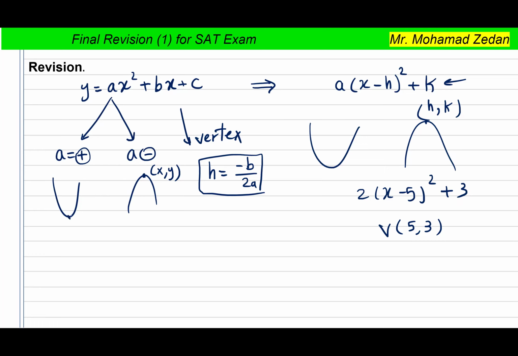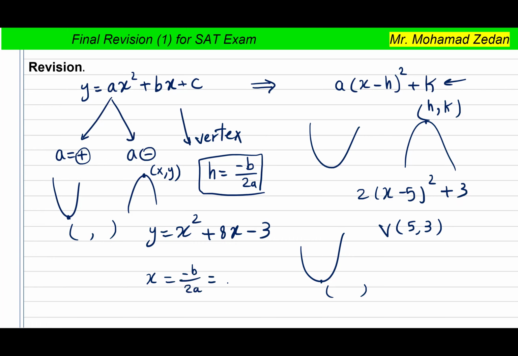In the SAT exam, we are concerned with calculating the maximum or minimum value or the coordinates of the vertex, because it represents the biggest or the minimum value of the function. For example, when you have the function y equals x squared plus 8x minus 3 and are asked what the x-coordinate of the vertex is, or what x value gives the function its minimum value, you write x equals negative b over 2a and solve it. Who can solve it for me, please? What is the value of x in this equation, please?